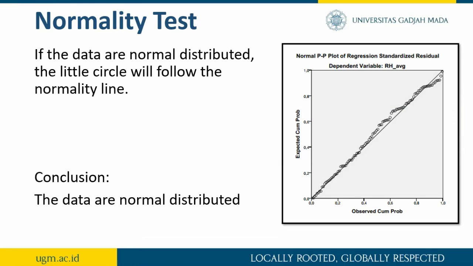One of the tests is the normality test. If the data are normally distributed, the little circles will follow the normality line, and then we can look at this graphic. We see that the little circles follow the normality line, so the conclusion is the data are normally distributed.